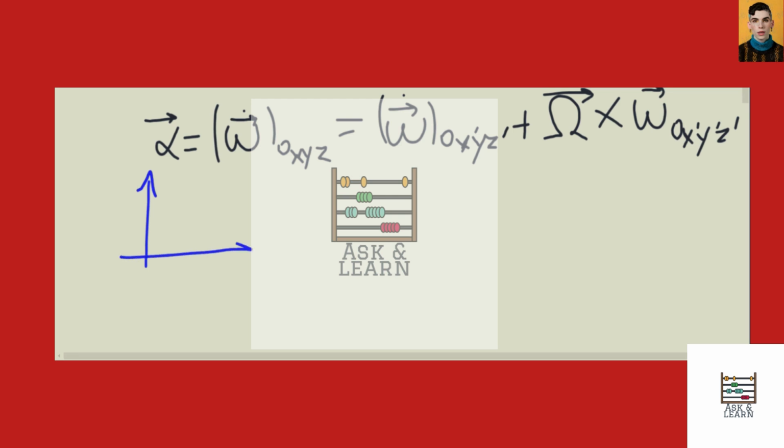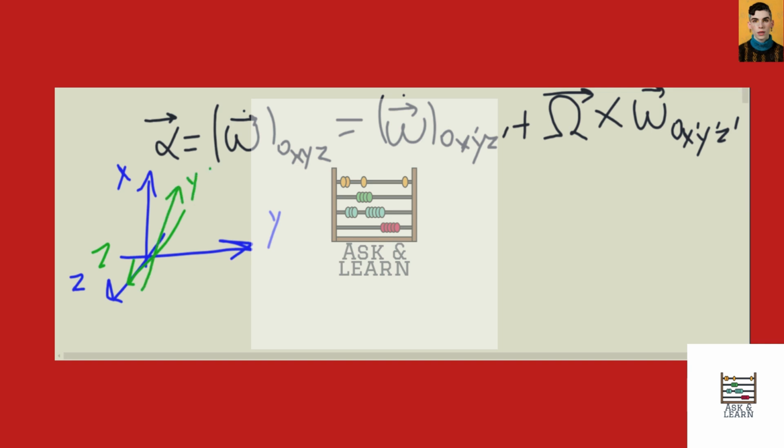Let's say this is the fixed frame. The rotating frame of our choice will be one such that the z prime axis coincides with the z-axis of the fixed frame, but the y prime axis coincides with the direction of the omega 1 angular velocity of the disk of the sander.